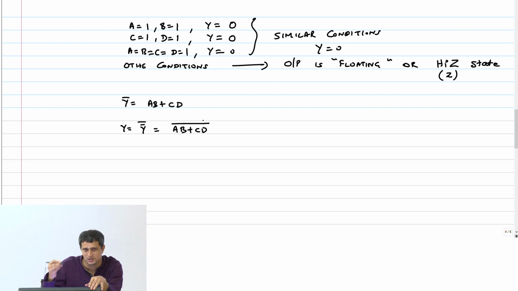I'll tell you how to do this in a simpler way in a minute. I'm just showing you formally what has to be done. Now this can be written like this. Use De Morgan's laws, make all the ands, ors, all the ors, ands, and pull the complements inside, right? So it will become A bar plus B bar into C bar plus D bar.